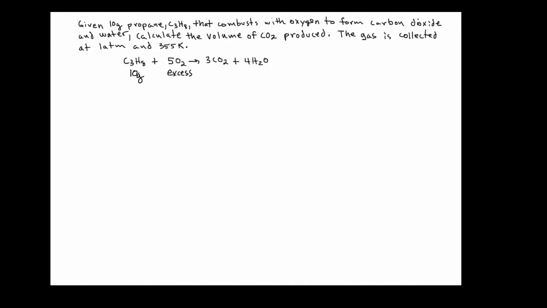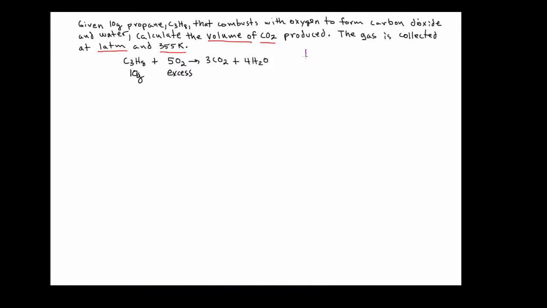In this particular problem, we want to calculate the volume of CO2 produced if, when we run the reaction, we collect the carbon dioxide gas at 1 atmosphere of pressure and 355 Kelvin absolute temperature. So basically we can break this problem down into two parts.